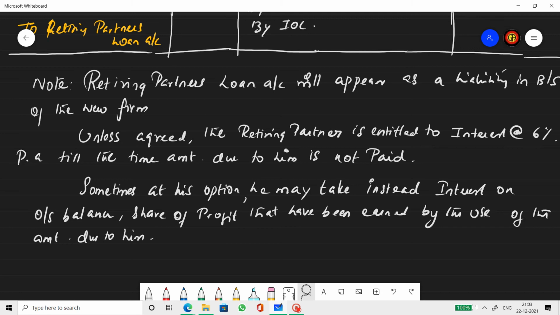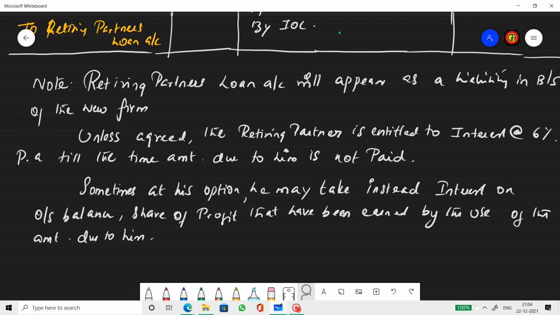So sometimes the retiring partner may be willing to take a share in the profit for the outstanding amount due to him instead of interest on loan. This is left to the retiring partner, so he decides which one he wants to opt for. Okay, these could be important for a 1 mark question. But for a full-fledged sum, we only bother with the loan amount balance.